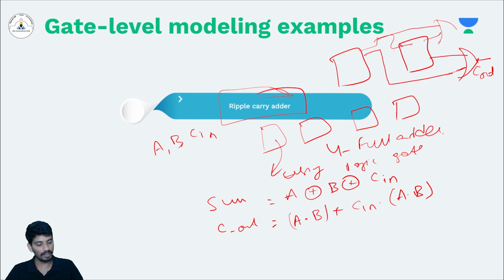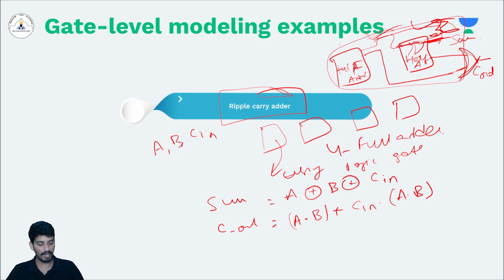Sum of this will be connected to XOR gate inside this, so you'll get directly sum output, right? We have seen this in the previous module, two half adders.